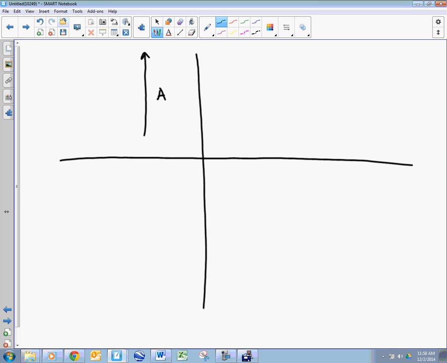Car A is going north. Car B is going west. That's their distance. We're wondering the rate at which the distance is increasing.